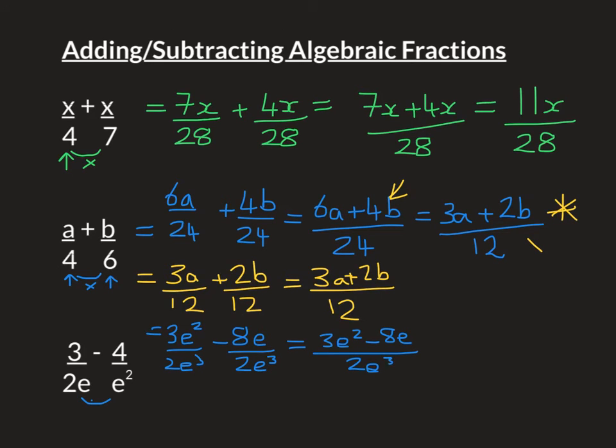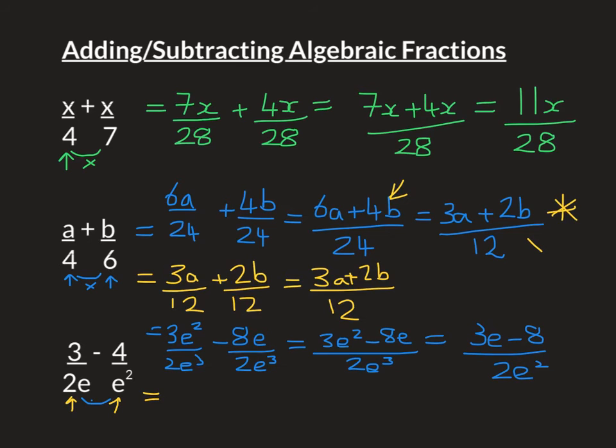And looking at that, you go, there are e's in everything. So divide the top and bottom, all of it, by e. I get 3e minus 8 over 2e squared. Alternatively, I could have spotted straight away, to get these the same, the first one already contains e, so I don't need to multiply it, but I just need to multiply the second one by 2.